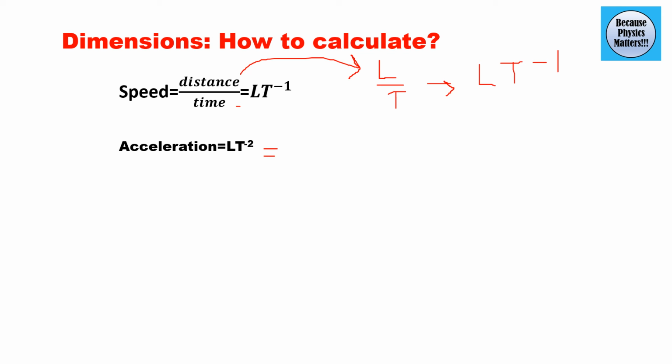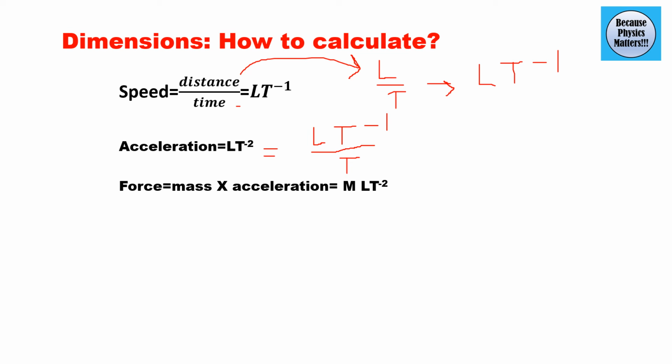So I write the time dimension, and that will be LT minus 2. Okay, so that is simple.